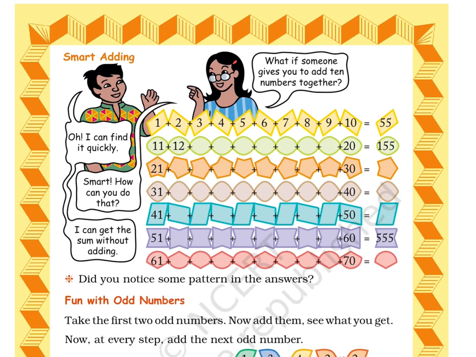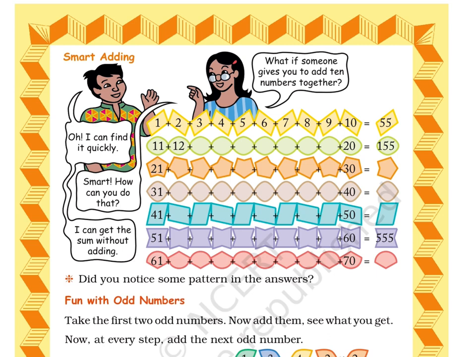The second row says 11 plus 12 plus dash plus dash, and so on, plus 20 is equal to 155. The third row says 21 plus dash, and so on, plus 30 is equal to dash.